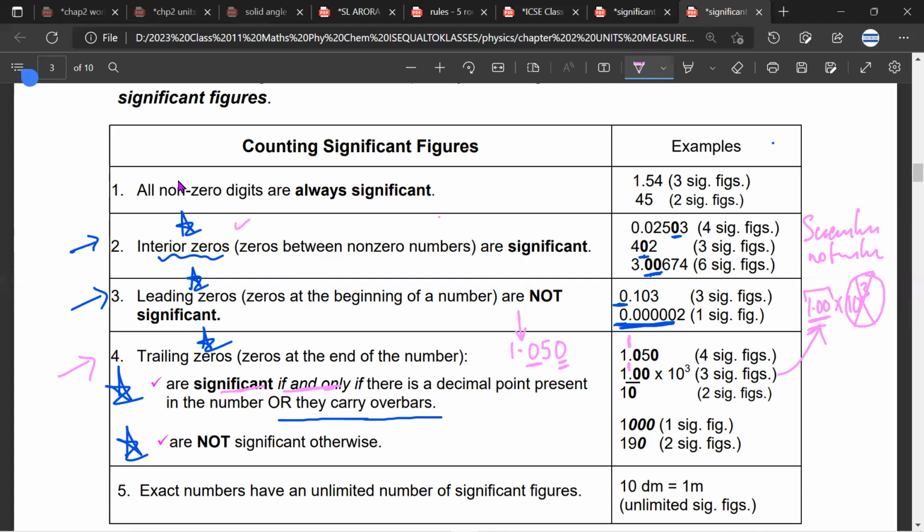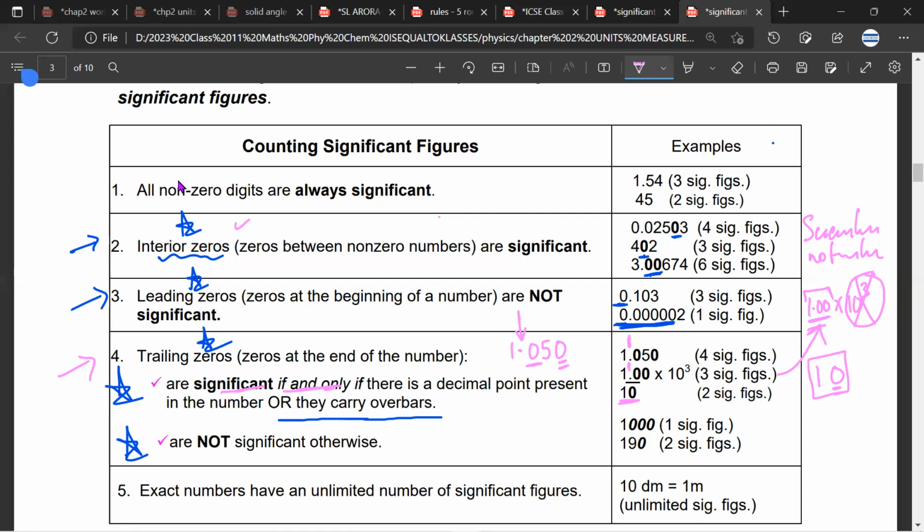But if there is a number like 10, if you see only 10, then this 0 won't be significant.